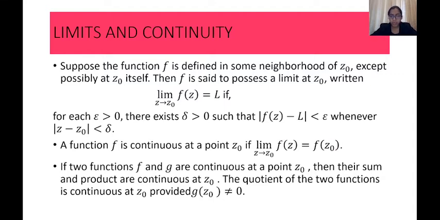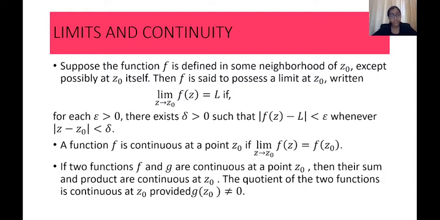Now this is another property of continuous functions. If two functions f and g are continuous at a point z naught, then their sum and product are also continuous, and their quotient is continuous if and only if the denominator is not 0, that is, g of z naught should not be equal to 0. So these are the definitions of the limit and of continuity.